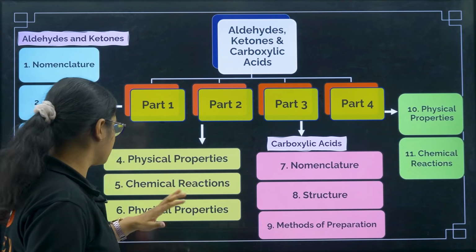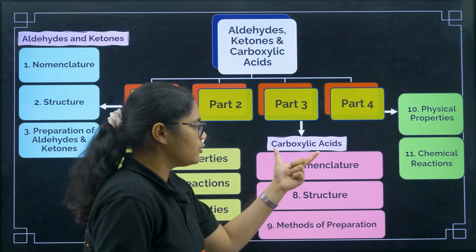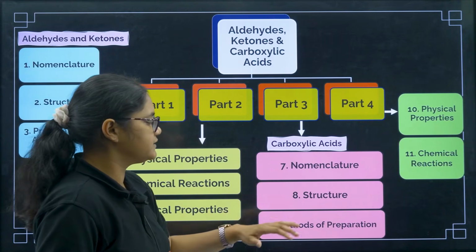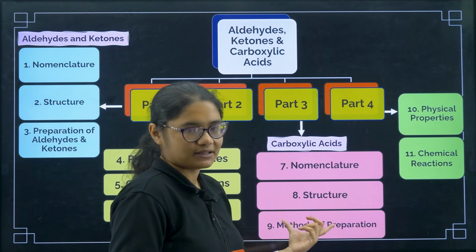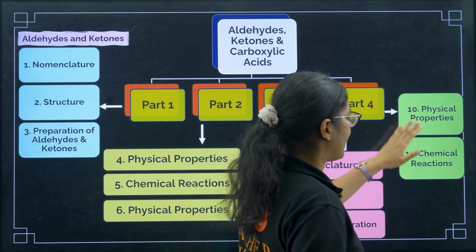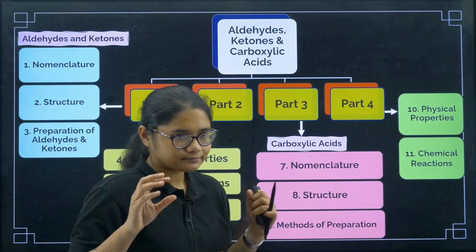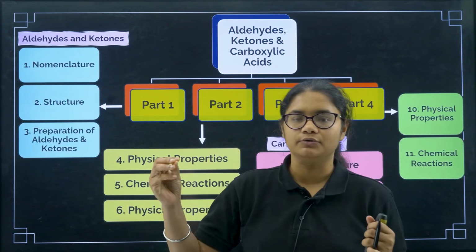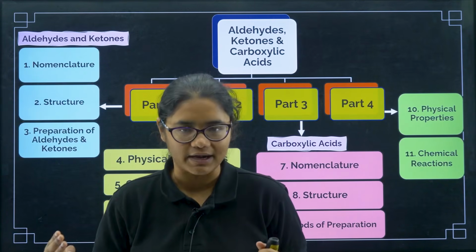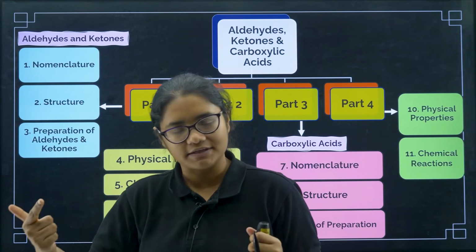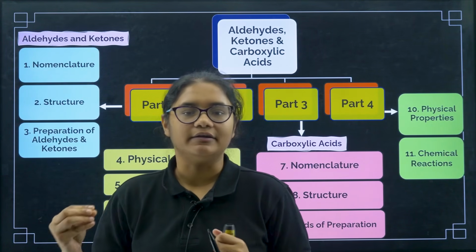Next we'll go to carboxylic acids: nomenclature, structures, methods of preparation, and chemical and physical properties. Basically, whenever we have a functional group, we have 3 things to study: methods of preparation, physical properties and chemical reactions.